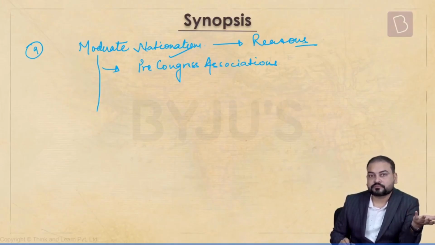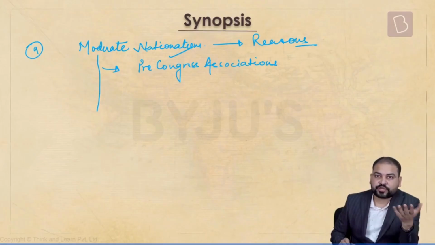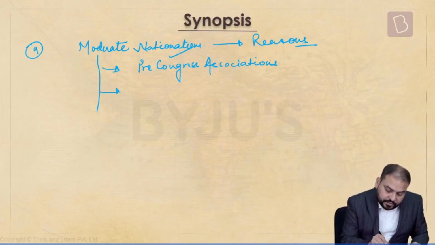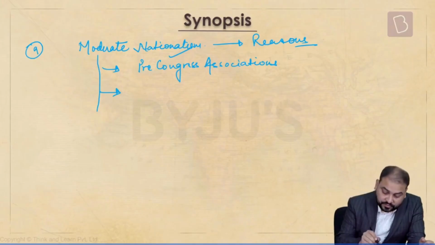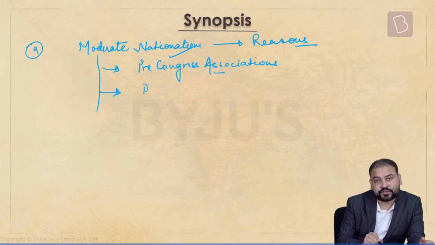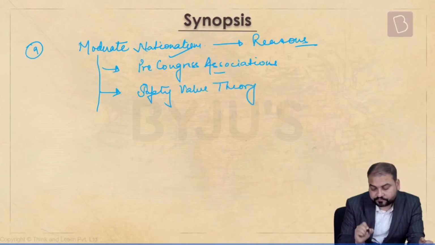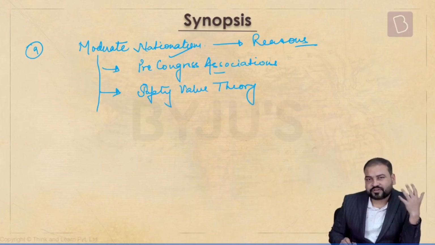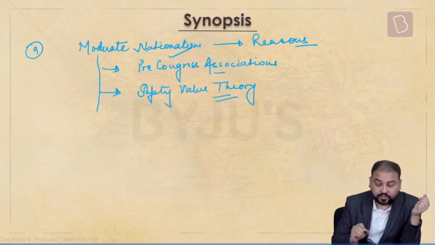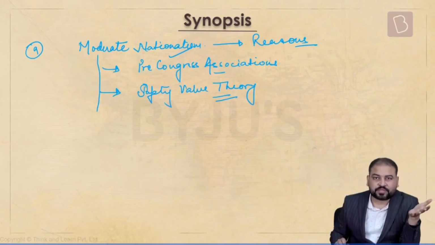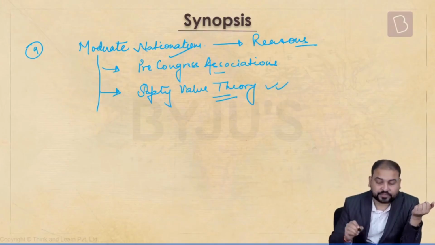They were one of the reasons. Later, we'll study education, press. They also will be the reasons. Moving ahead of this, after the pre-Congress associations, we shall study in this chapter a theory associated with the formation of Congress that's known as your safety valve theory. Was Congress a product of this particular ideology of the Britishers, or there was something else behind this? This is something that we shall be studying here.